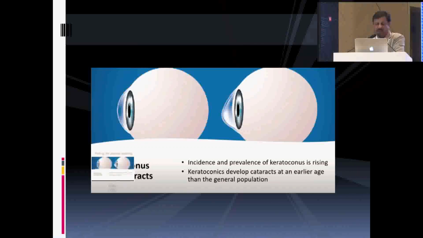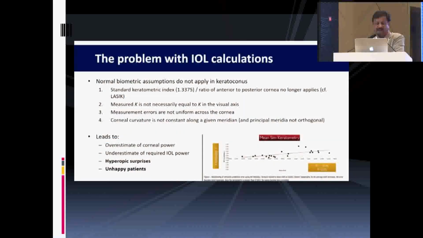A quick word on keratoconus, though it's again a different ball game. In keratoconus, there are a lot of errors where you can end up. Keratometry itself is difficult in these patients because the central K and the K at different levels can give you a lot of variations, which sometimes leads to overestimation or underestimation.